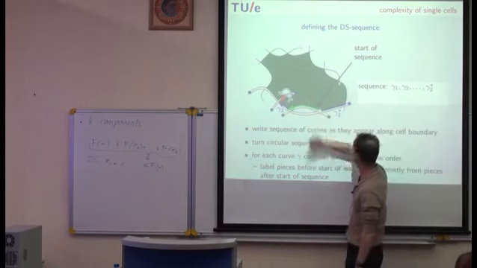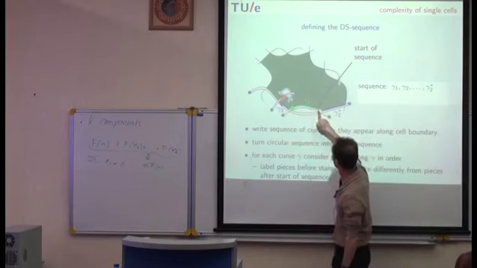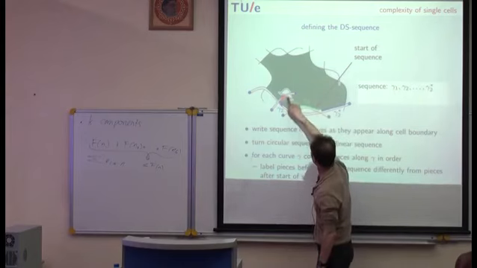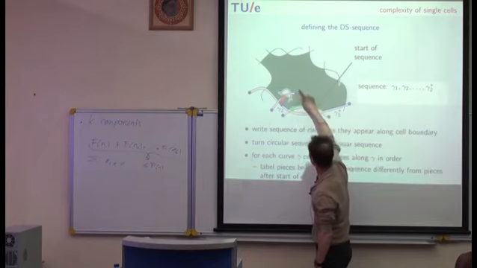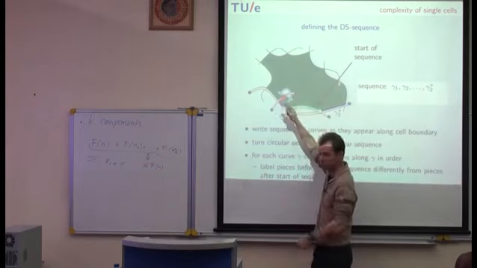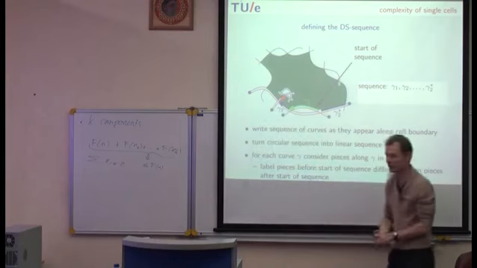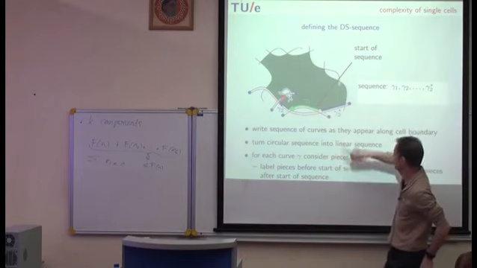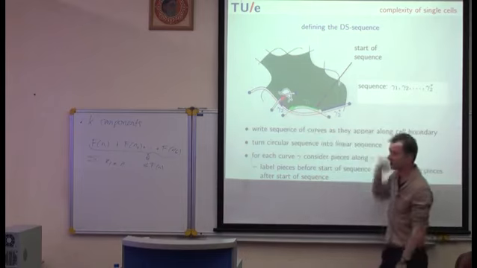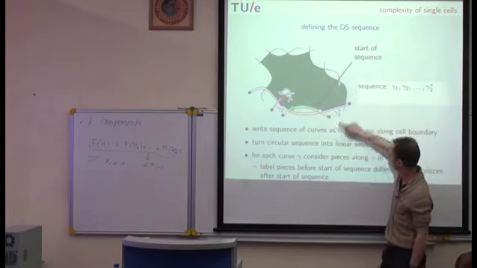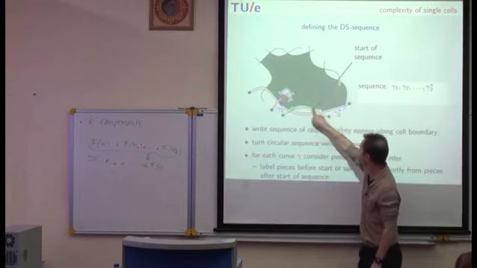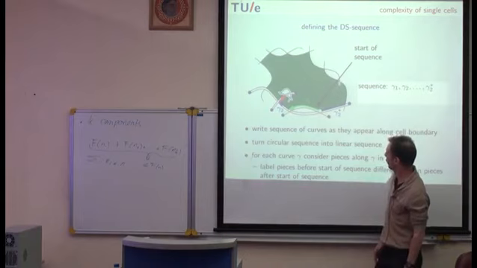Let's start here. Now I'm going to write gamma 1, gamma 2, here I have a gamma 3, and so on. Here I have another gamma 3. Here I have maybe my gamma 3 on the opposite side, so that's a different symbol, and so on. And what we have to do is, if you look at this gamma 2, there's actually a portion before the starting point. Let's put it differently.